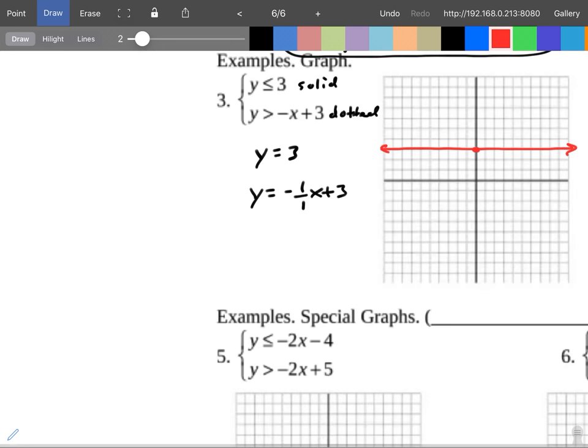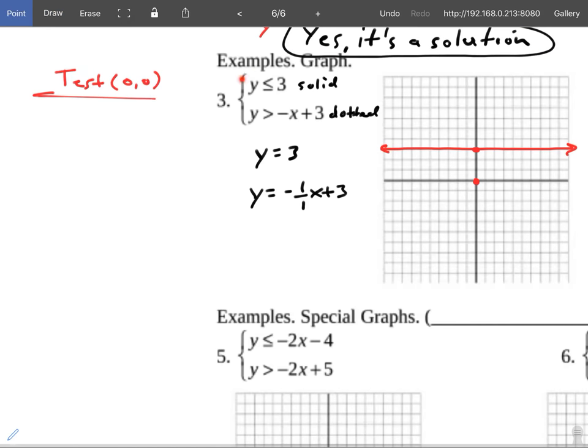Well, then we need to test a point. So I told you guys on Tuesday to test 0, 0. So we're going to test 0, 0 into this original inequality. Well, that means we're just going to plug the 0 in for y.